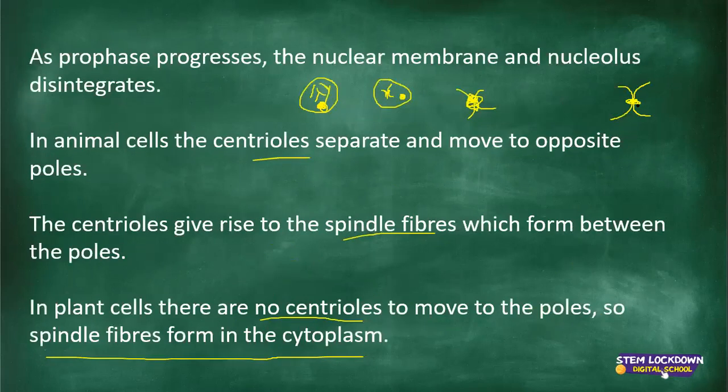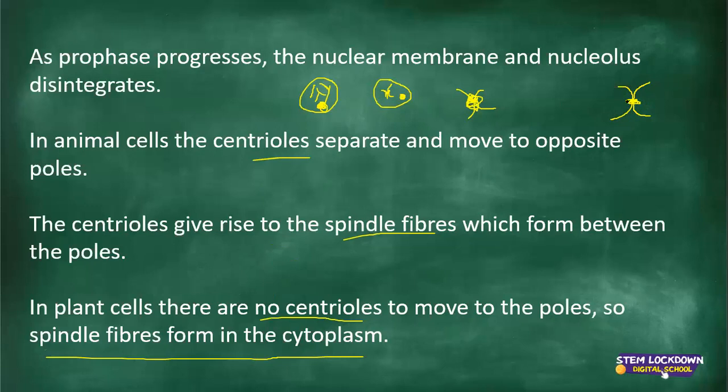But then what happens during prophase? The centrioles would separate. This dot over here is the centromere. That dot is the centromere. So let us not confuse the terminologies because they sound so similar to each other, right?